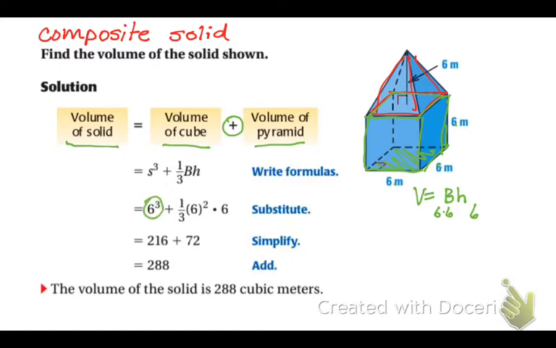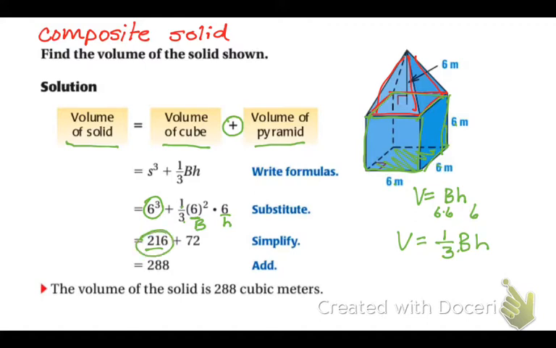And then we're going to look at the volume of the pyramid, and remember the volume of the pyramid is 1/3 base times height. So 6 cubed is 216, 1/3 times 6 squared, this is the base, and this is the height, is 6. Okay, comes up with 216.